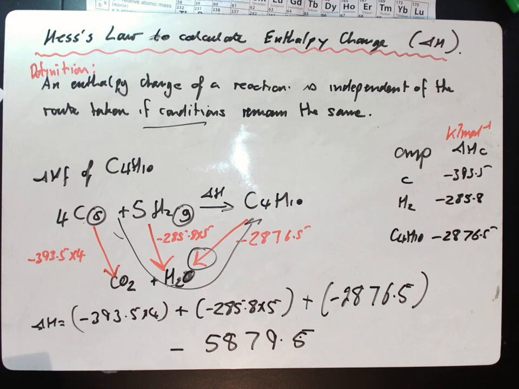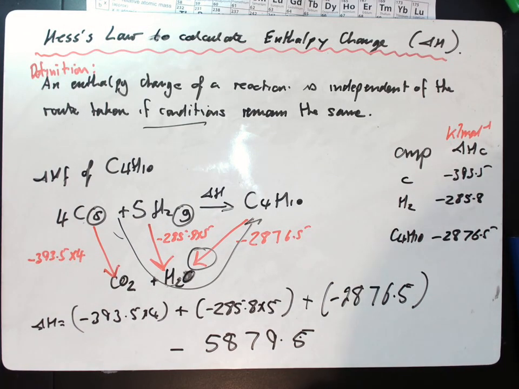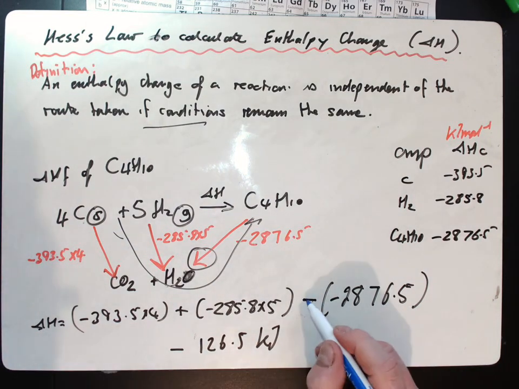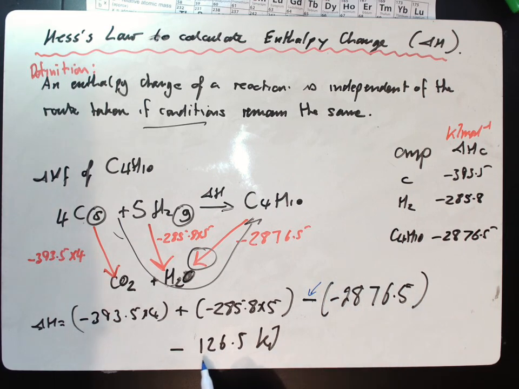Just going to double check, that looks very high. Yeah, sorry, made a mistake there. I had a plus arrow there, that should have been a negative. Okay, once I sorted that out, the answer was different.